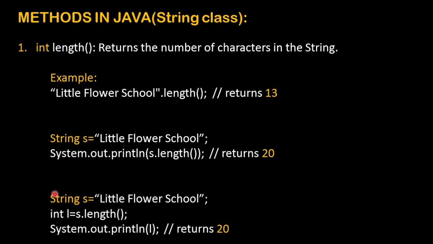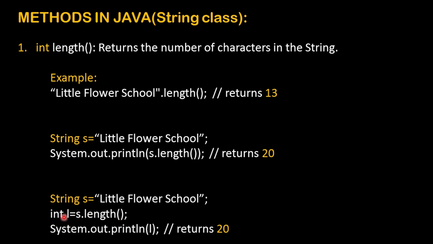Now let us see another way of using this length function. Our string is declared, and what is the return type of this length function? Integer. So when I call this function, it will return a value of type int. That's why I have declared a variable of type int. So int l is equal to s dot length.